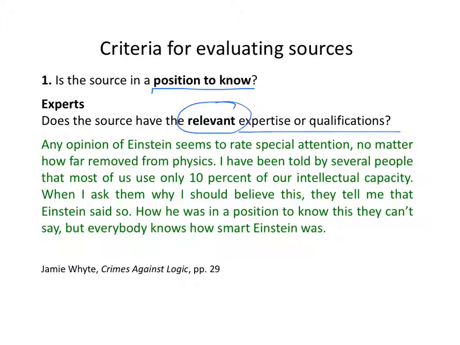Just because Einstein said it was true doesn't necessarily mean it is true, unless it has something to do with physics or mathematics." By the way, as far as I can tell, Einstein never really did make this claim about human beings only using 10% of their brains. But still, it's a nice example to illustrate the point. Einstein doesn't have relevant expertise in that kind of area, so not in a position to know.